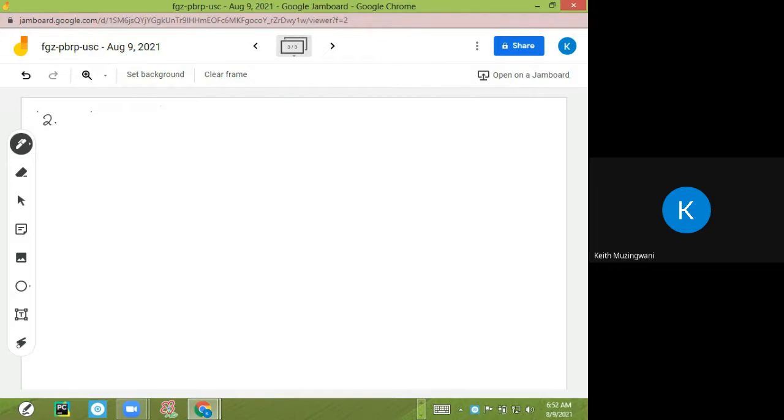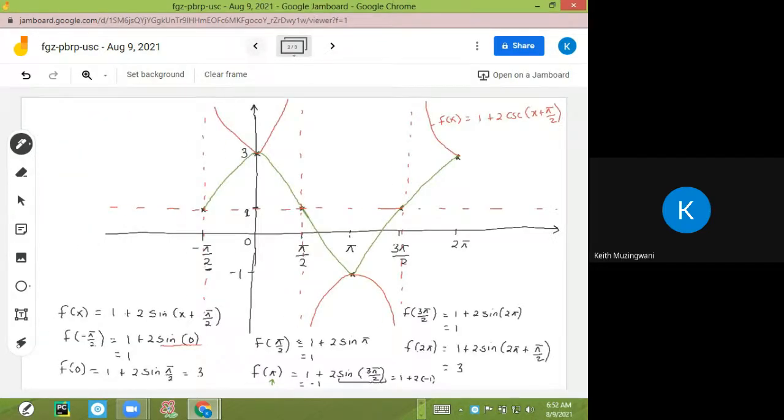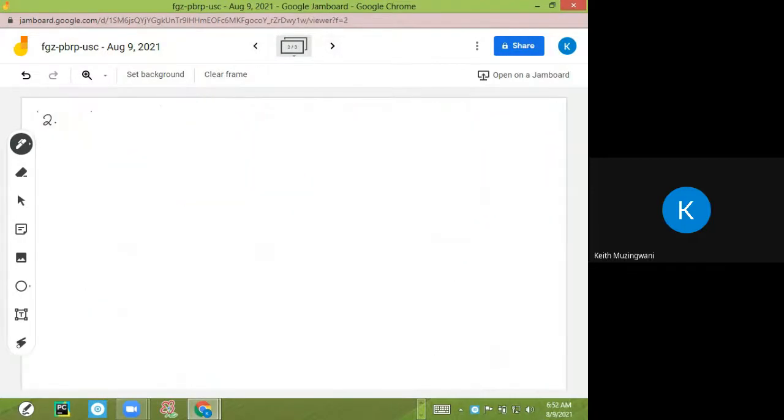This is example 2. Sketch f of x is equal to 1.